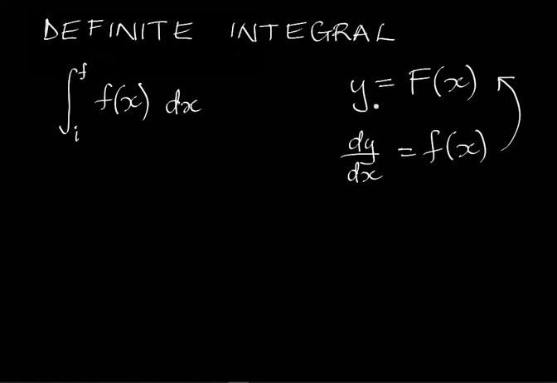This function here, you might hear it being referred to as the primitive function, or just remember that it was that function that was earlier differentiated to have dy dx. So, forgetting about the limits for just some seconds, we know that we can integrate the inside function. And when we integrate it, we're going to be taken back to F of x.